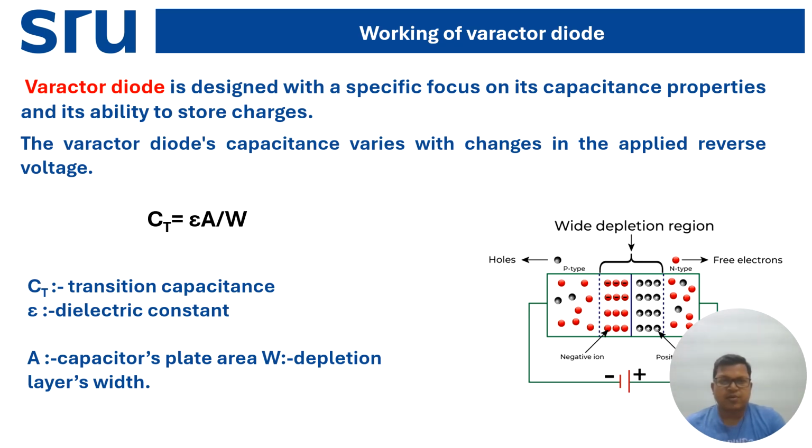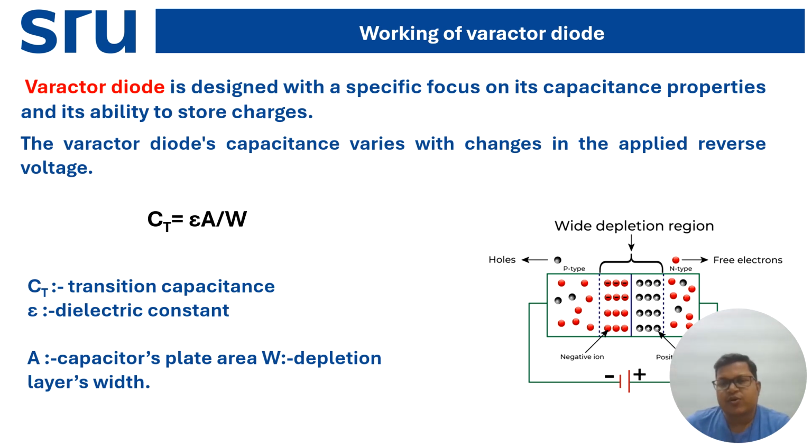Generally we know the parallel plate capacitance C is equal to epsilon A by D. Here epsilon is the permittivity of the material, A is the area, and D is the depth or thickness. This is the general formula. So the Varactor diode's capacitance varies with changes in the applied reverse voltage. How is this happening? We will try to see this now.